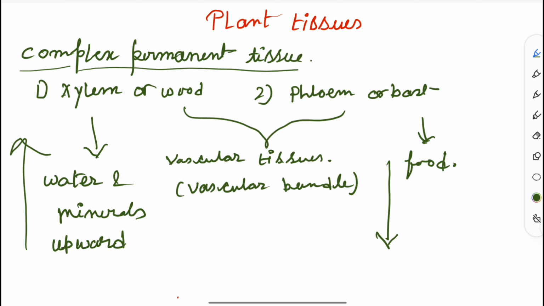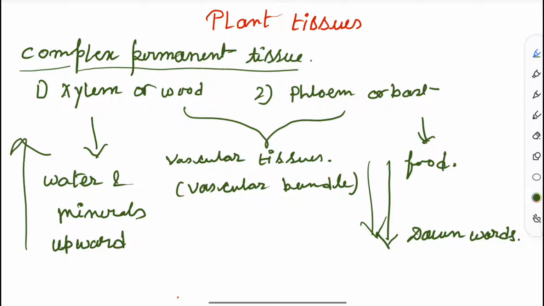It means phloem movement is always downwards. This is a very important difference: xylem always works in the upward direction and phloem in the downward direction. We will study these two tissues in detail, because very important questions often come from them.